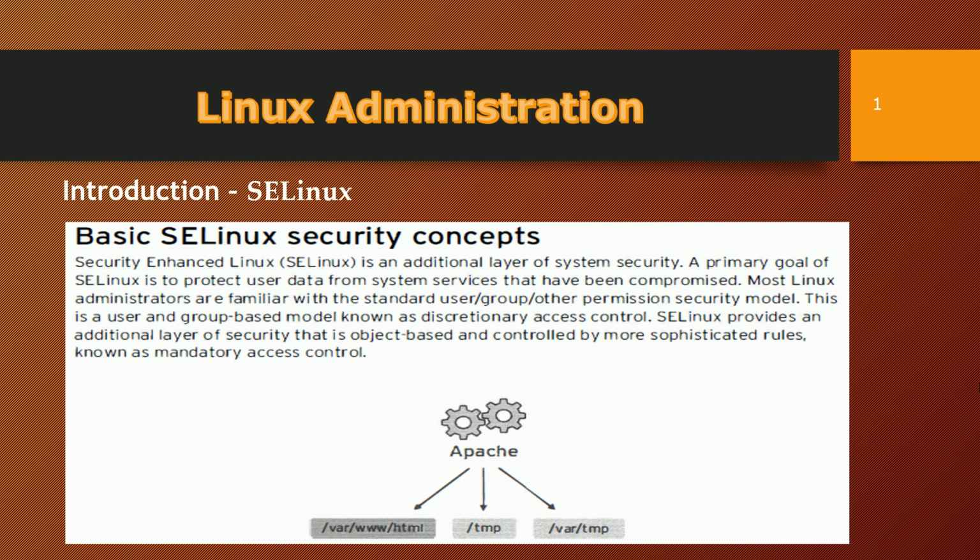Suppose there are so many daemons running, and with that daemon anybody can access your system. I'm taking an example to explain. Suppose the HTTP process runs with an associated user and group called Apache. We all know that the Apache server always runs with a user and group called Apache.